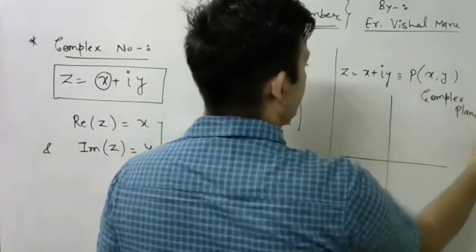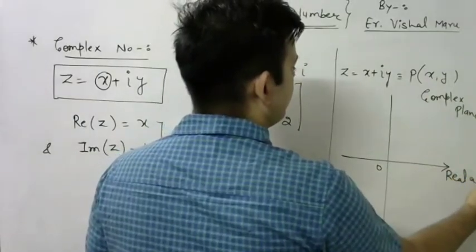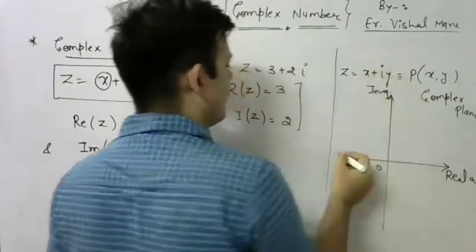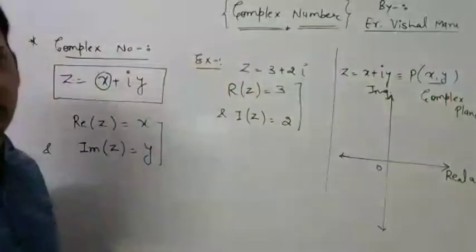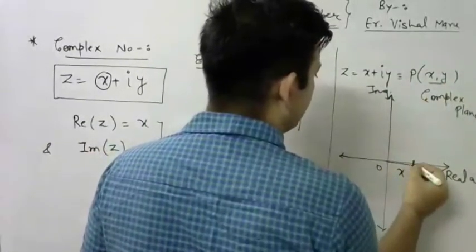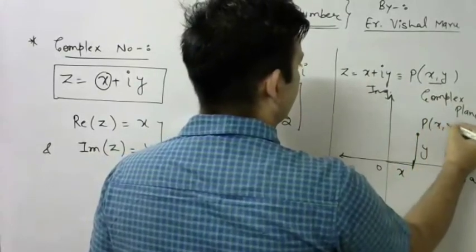In the complex plane, the x-axis is treated as the real axis and the y-axis is treated as the imaginary axis. So if I have to define a point in the complex plane, the real part is x and the imaginary part is y, so the point will be x comma y.